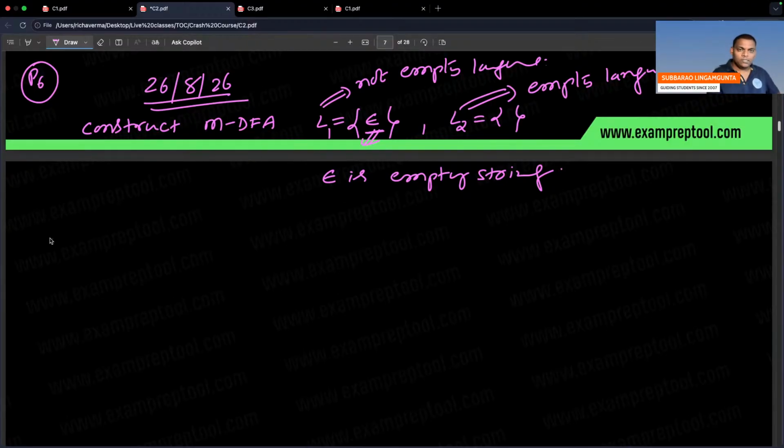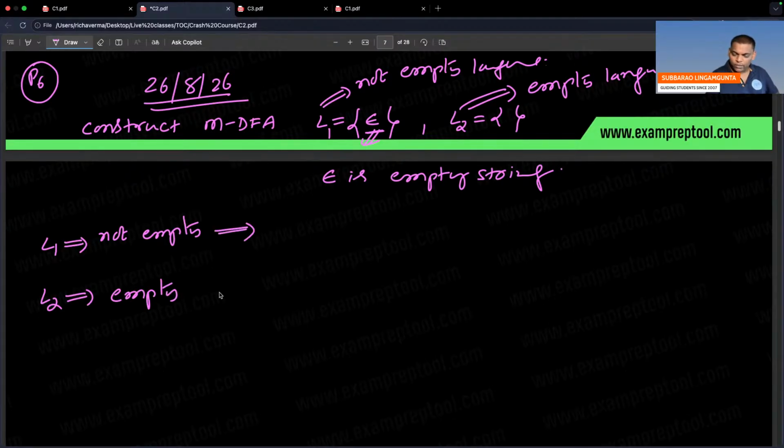Now I will say one by one. Please understand, it is a very, very important point. L1 is not empty, L2 is empty. That is the first point.